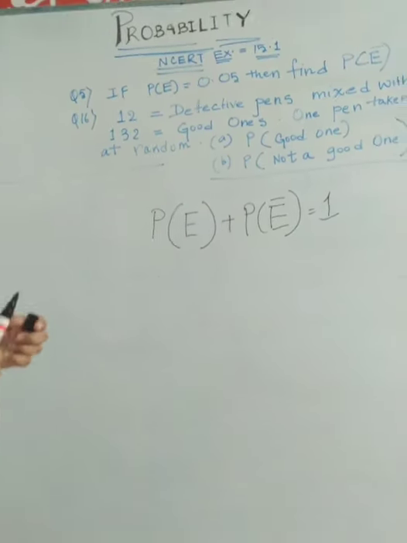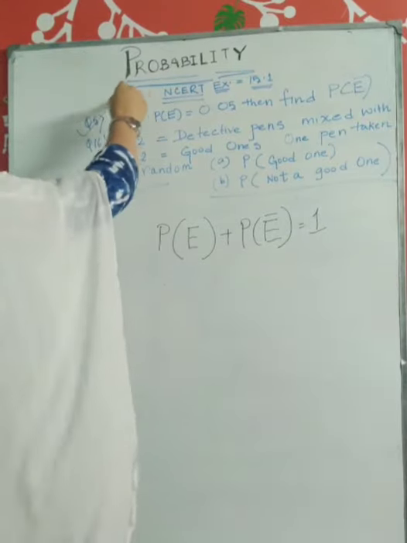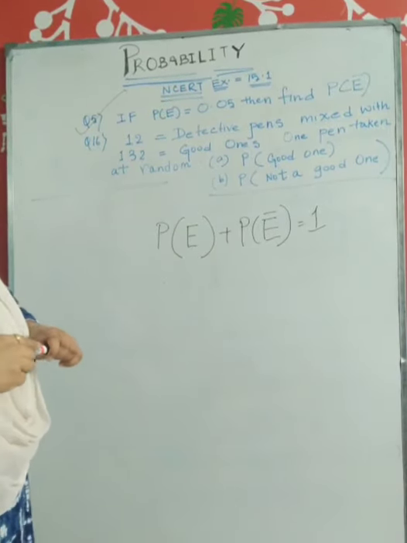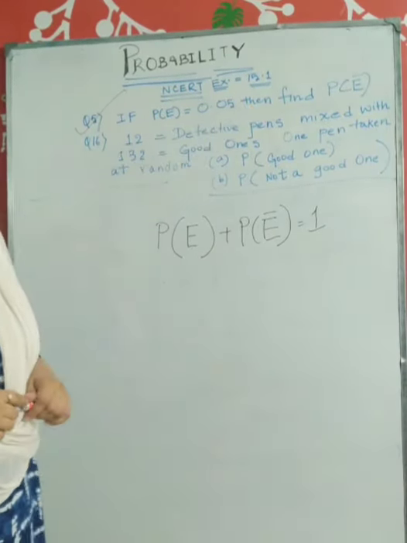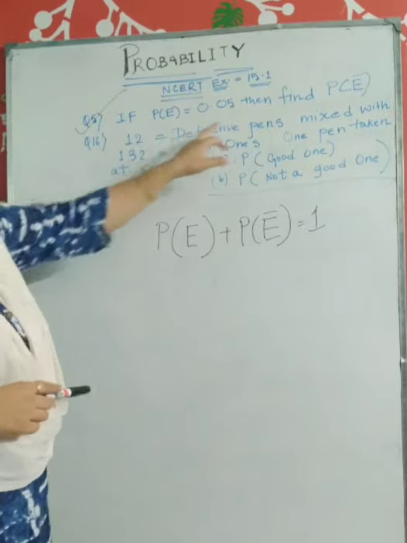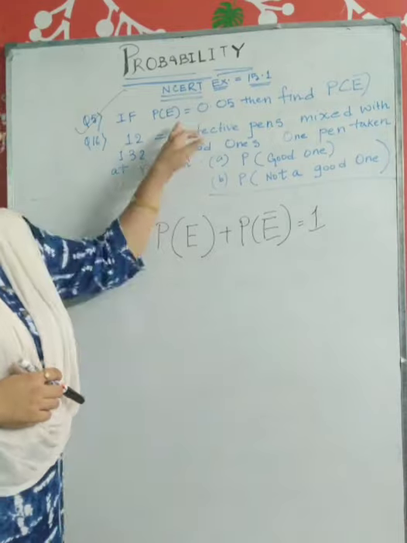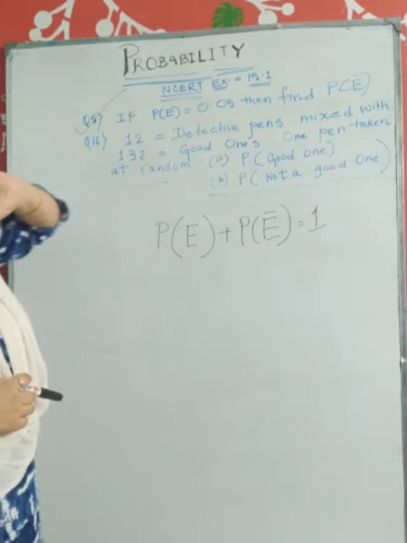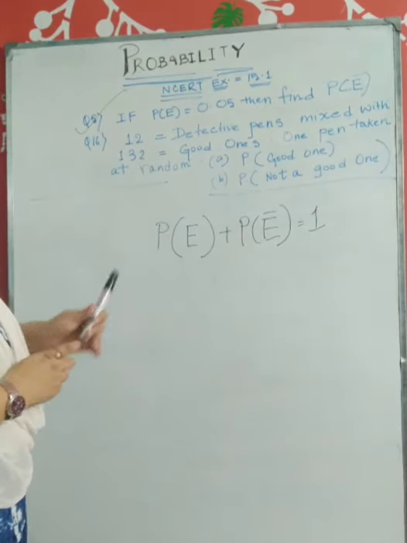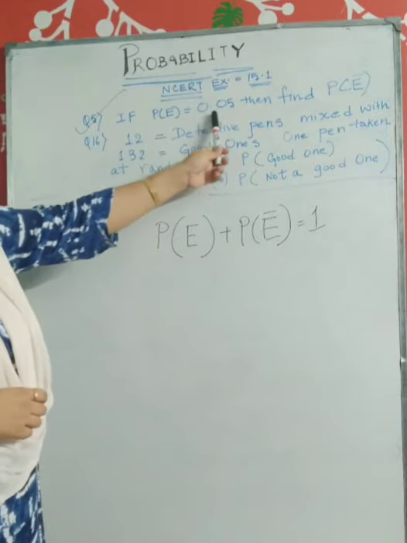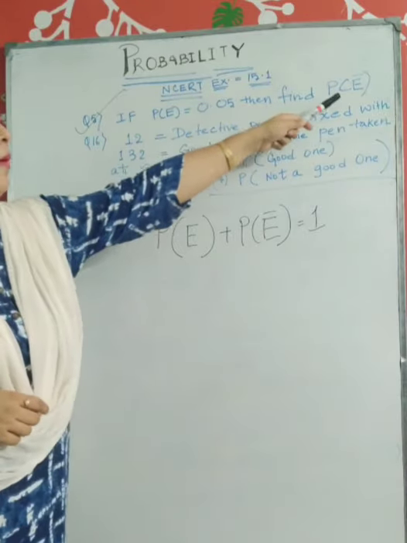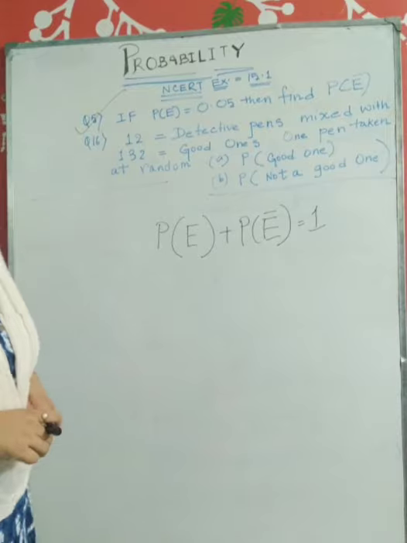Now children, see the first problem of your NCERT exercise 15.1, question number 5. Correct. Here it is a 1 mark objective question, where you are provided with the probability of E and the probability of E complement is missing.